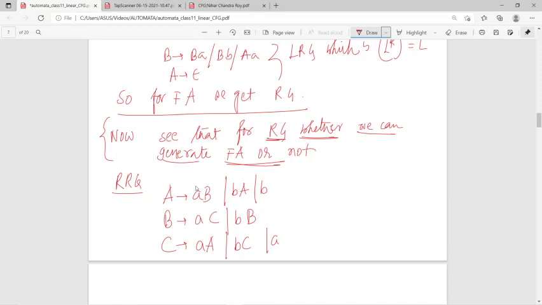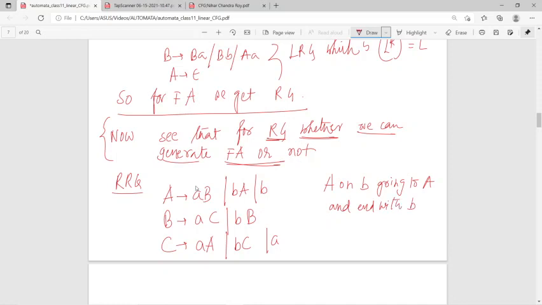That means A on B going to A, going to A, and end with B.